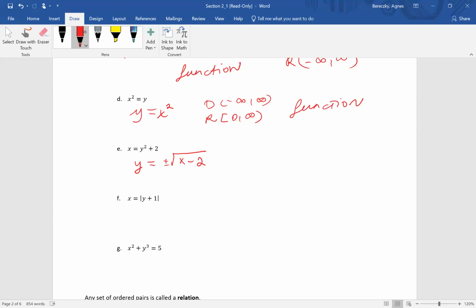So this relation is not a function. And our domain will start from 2 to infinity, and the range is from negative infinity to positive infinity.